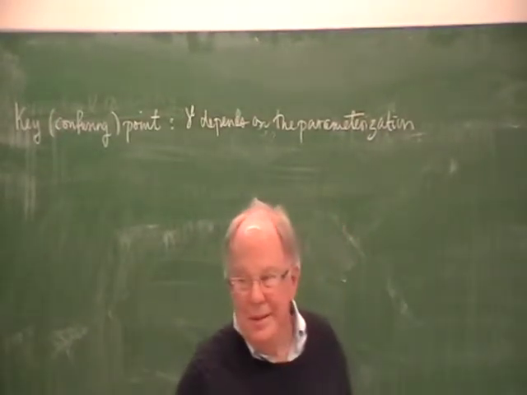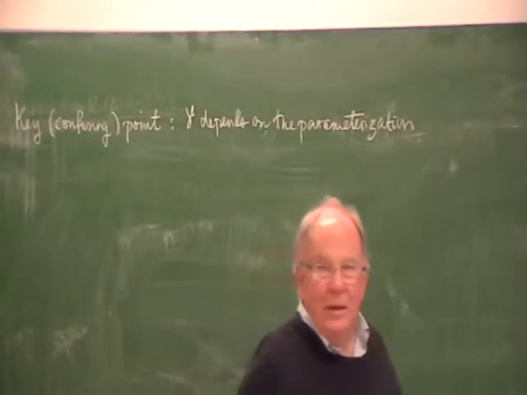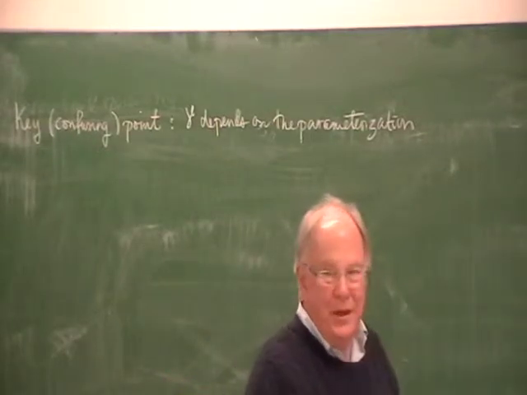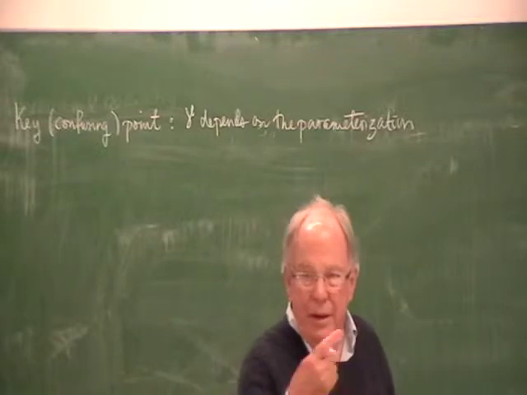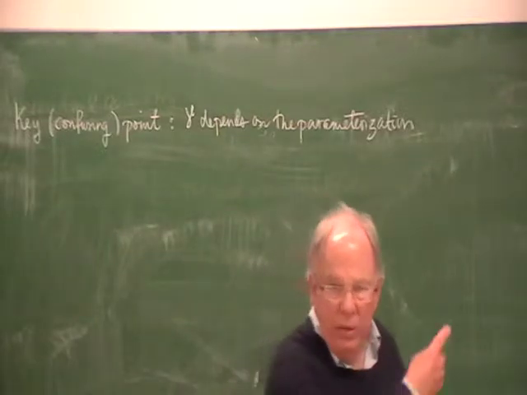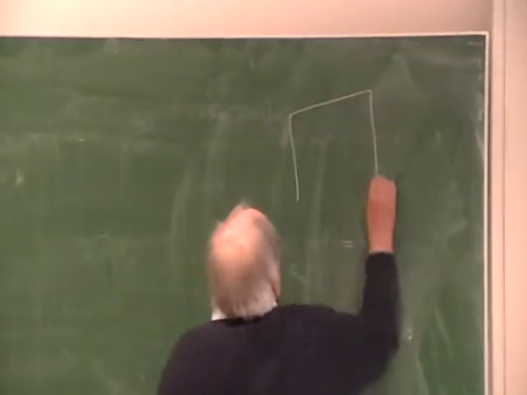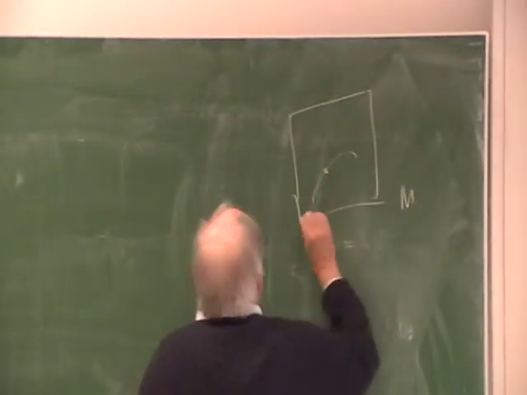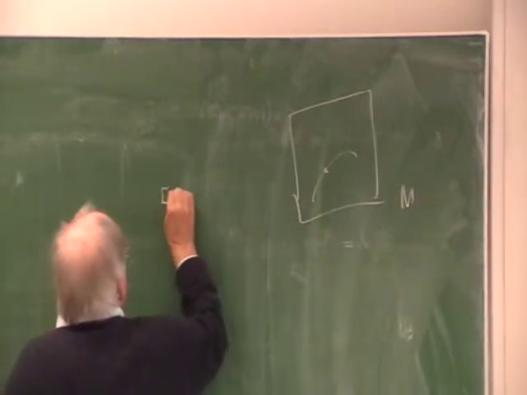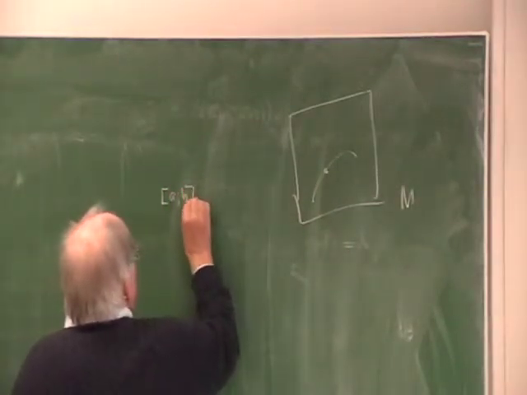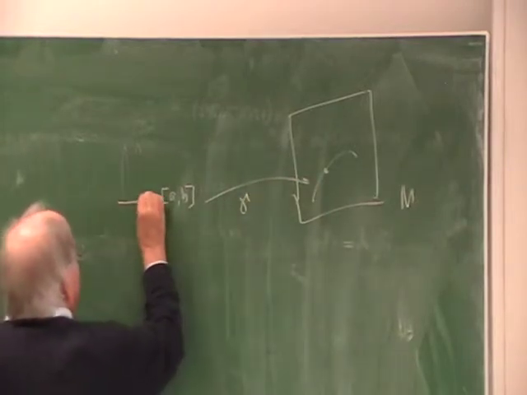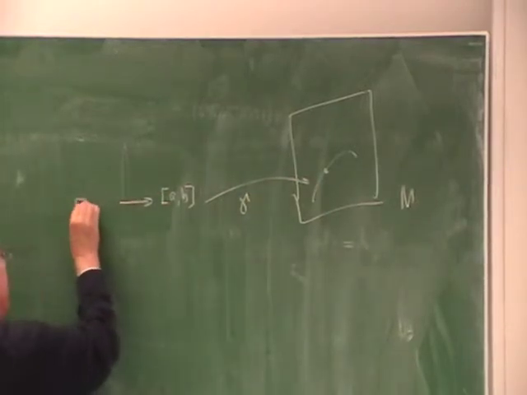Right? Gamma is a mapping from an interval to a manifold, and if I apply a diffeomorphism, let me write it here. As a picture, you have a manifold, and here's this image curve gamma, and it's a mapping from A to B.